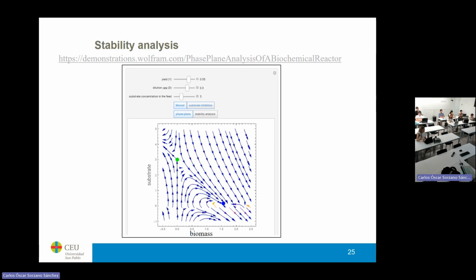So this is a stable point. What will happen with this one? If I move it a little bit away from it, it will go away. So this is unstable. If you are just at the point, you are fine. But these points are called equilibrium points. So this is an unstable equilibrium, and this is a stable equilibrium.